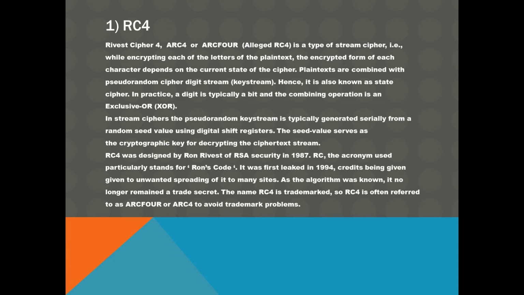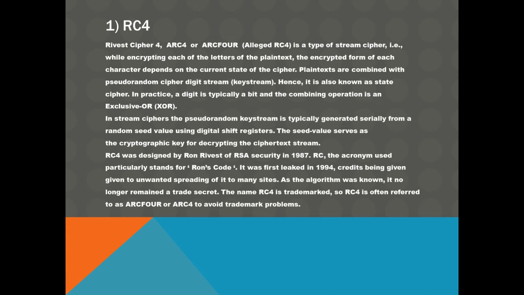RC4, or Rivest Cipher 4, or ARC4, is a type of stream cipher, that is, while encrypting each of the letters of the plain text, the encrypted form of each character depends on the current state of the cipher. So basically consider you have a random set of characters or digits, that is a pseudo-random cipher digit stream, and you want to encrypt your plain text by using these random digits.